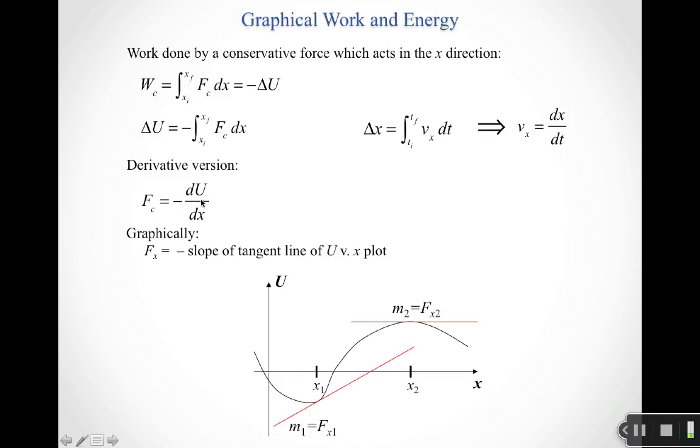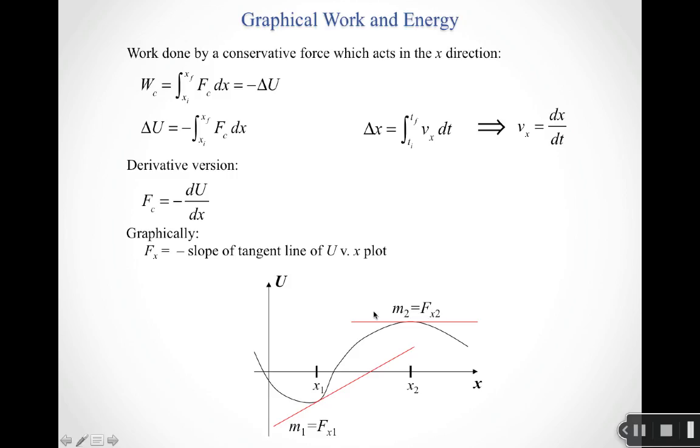Graphically, this says that the conservative force is going to be equal to negative the slope of the tangent line on a potential energy versus position plot. So here, if I've got a potential energy versus position plot, so potential energy is on my vertical axis, position on my horizontal axis, then looking at the slope at any point, well, here what we're missing is that the slope itself isn't the force.